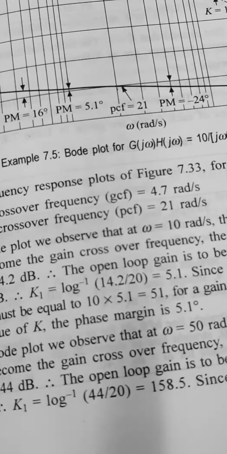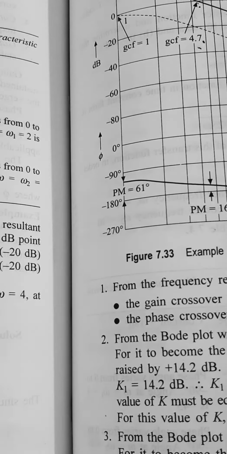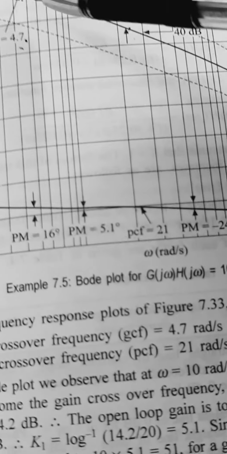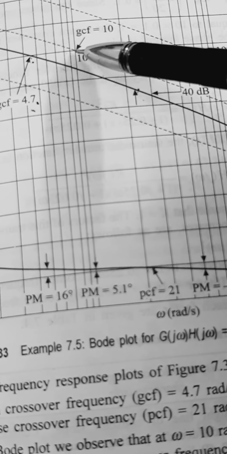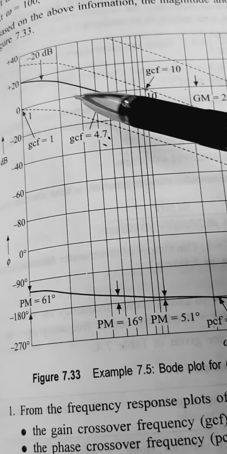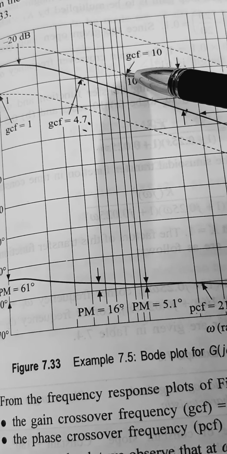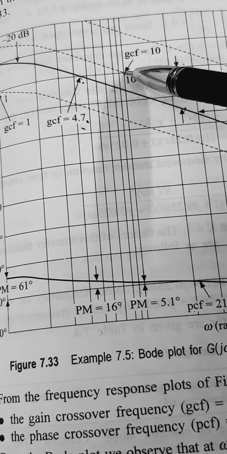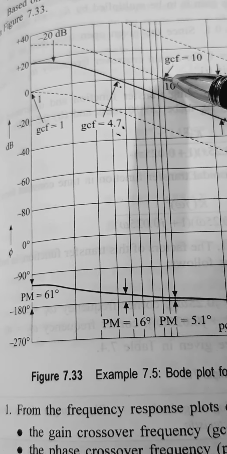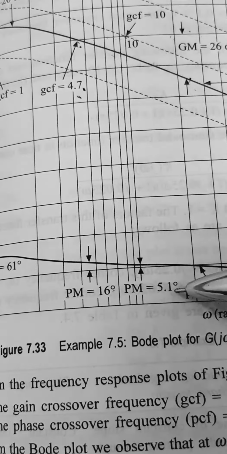5.1 degree. So at that time, when this graph is crossing omega equal to 10, the phase margin is 5.1 degree.